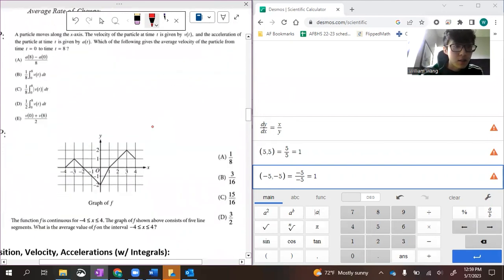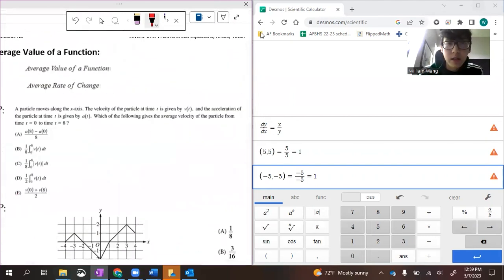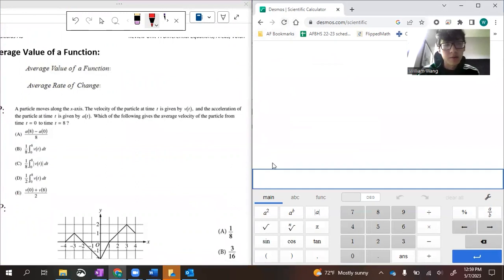All right, next question. We dealt with the average value of a function. So actually, I'm going to write the 2 notes here. Average value of a function. There's 2 different things. Let's say they give me the position function.